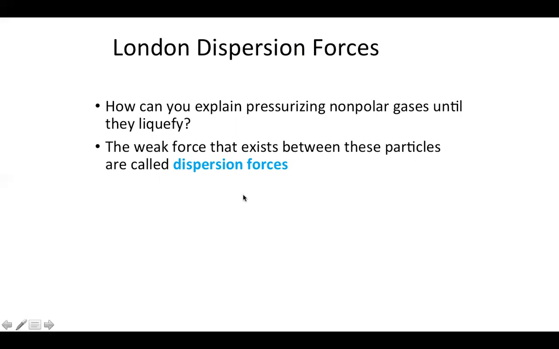Why could they turn into a liquid, which has intermolecular forces, if nonpolar things don't have intermolecular forces? And that's because there are intermolecular forces, it's just a different type. These types are going to be called London dispersion forces.